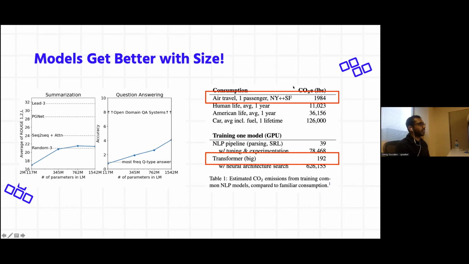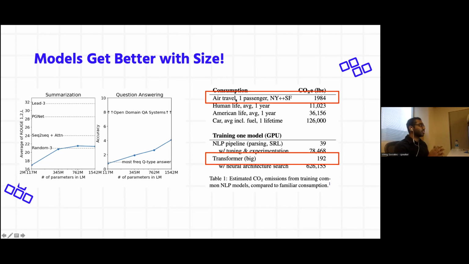This is measured in the amount of carbon dioxide pounds that's output. It's around 2,000 pounds if you fly from New York to San Francisco in a plane, and training one of these models is around 200. So if we train 10 of these models, which is usually done in order to figure out the right set of switches that you have to turn on and off to get them to work properly, it's the equivalent of flying all the way from New York to San Francisco.